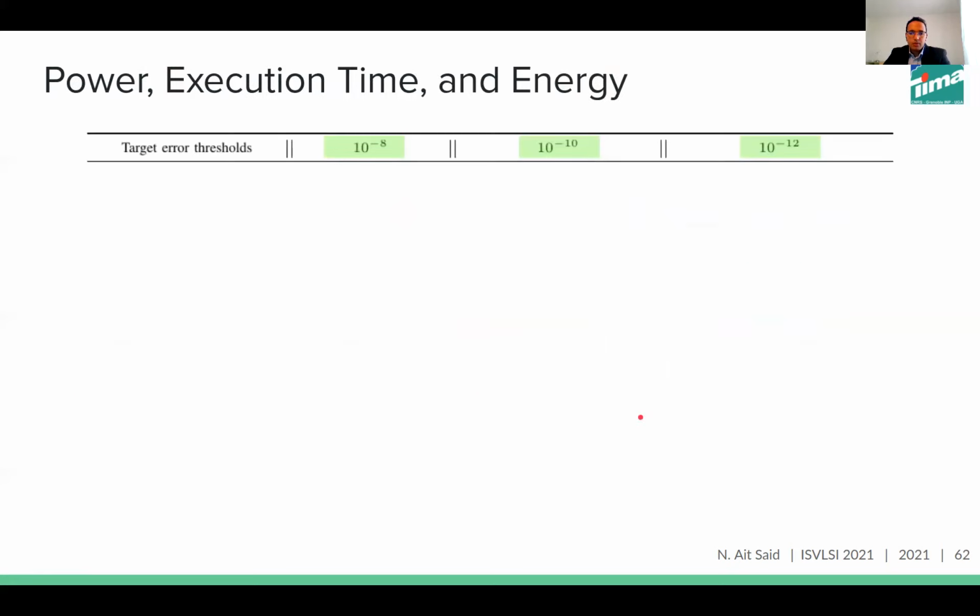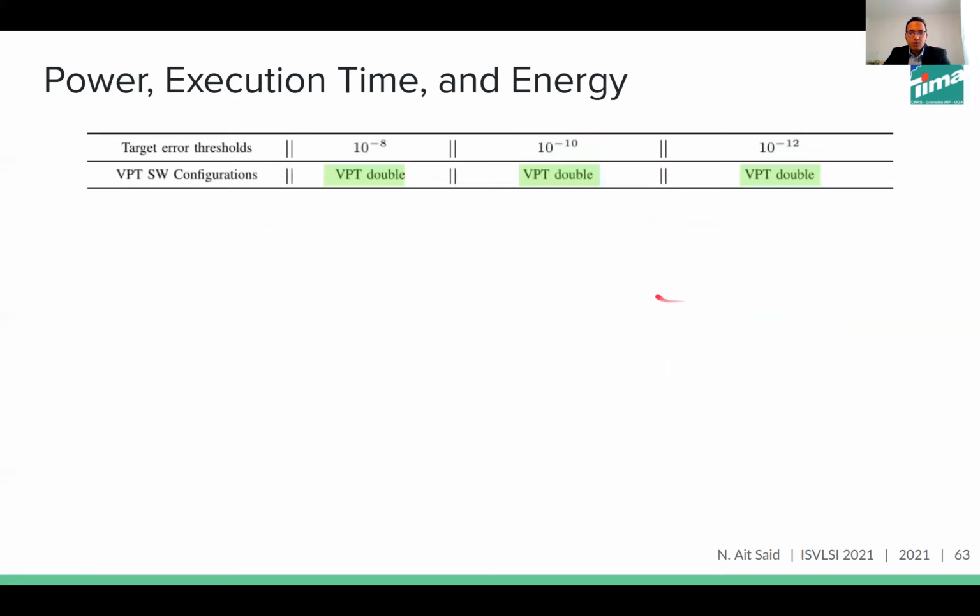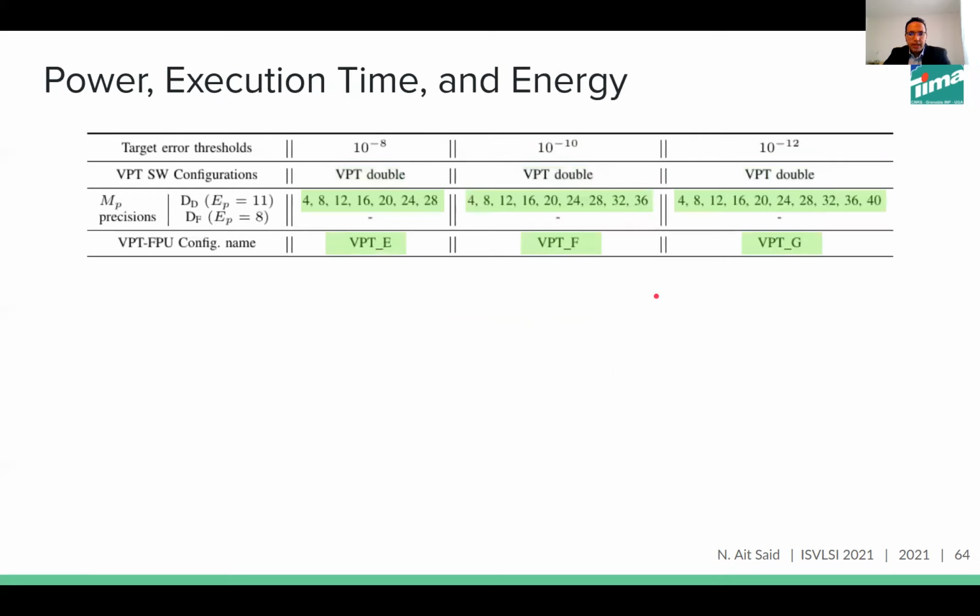Regarding hardware level results, in the first row here, we have different target convergence thresholds tol, so 10 to the power of -8, -10, and -12. In the next row, we have the floating point variable types used in the source code, either float or doubles. So here it's all doubles. Next, we have 3 architectures named here, VPTE, VPTF, and VPTG. Each one of these configurations is generated with a set of intermediate precisions.